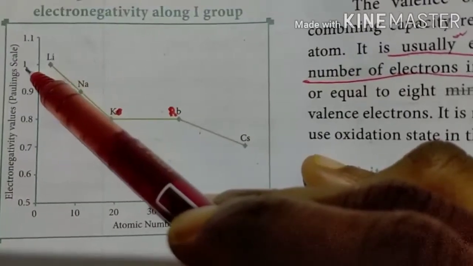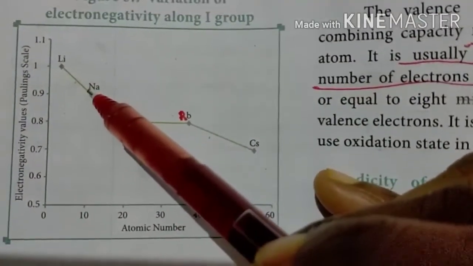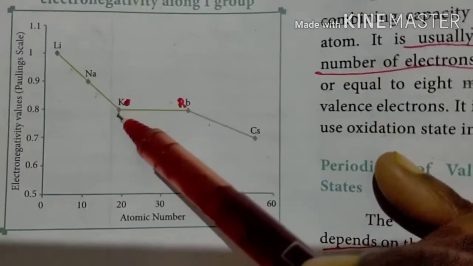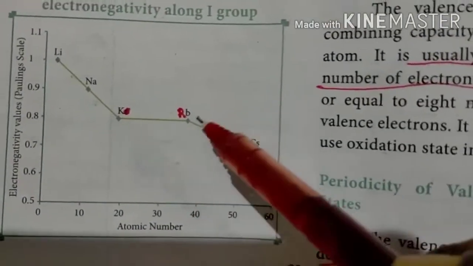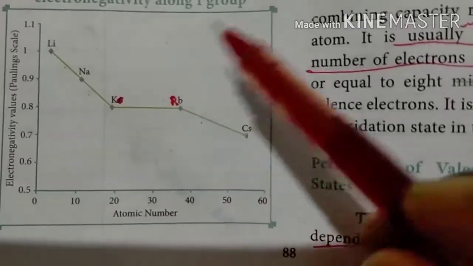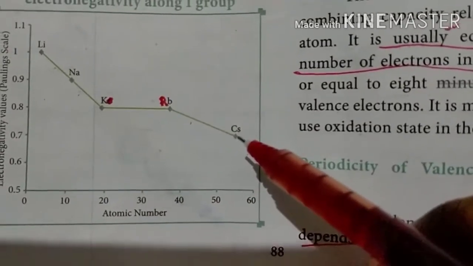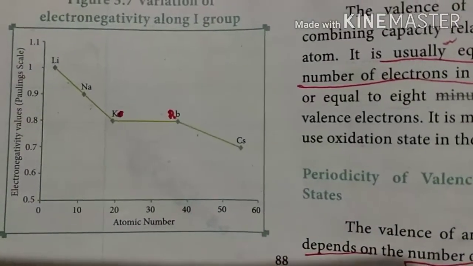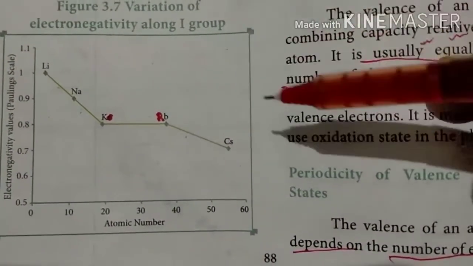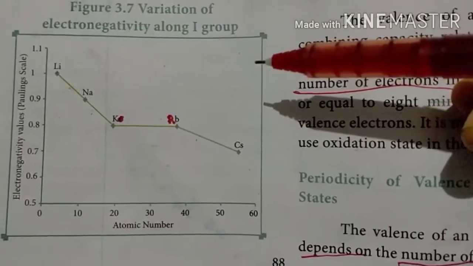Lithium has the higher value. Now it is decreased for sodium and potassium. Potassium and rubidium have nearly the same value of electronegativity. Cesium has a lower value than these four elements. So this is the variation of electronegativity along the first group.